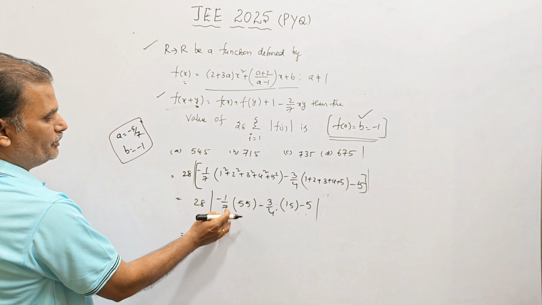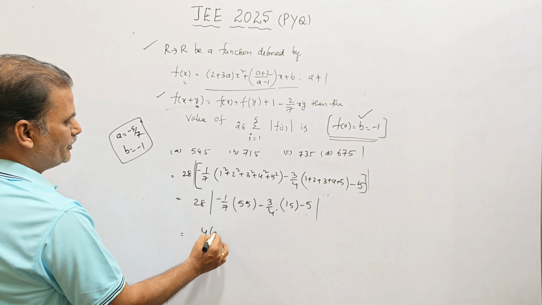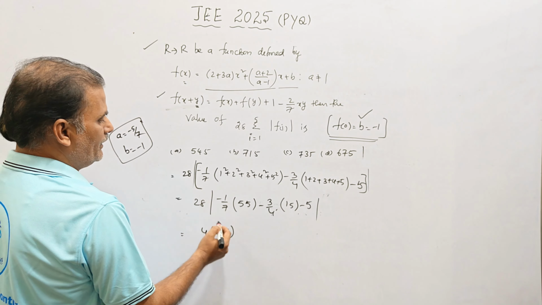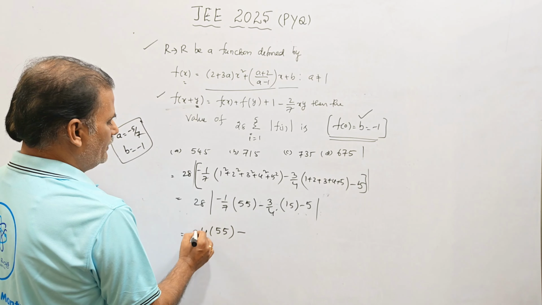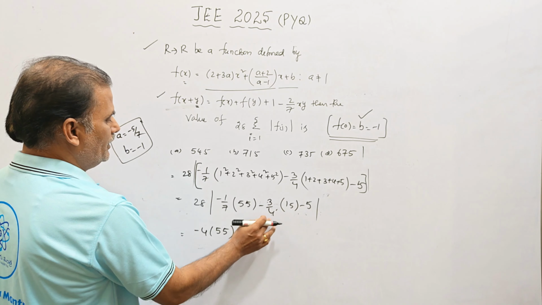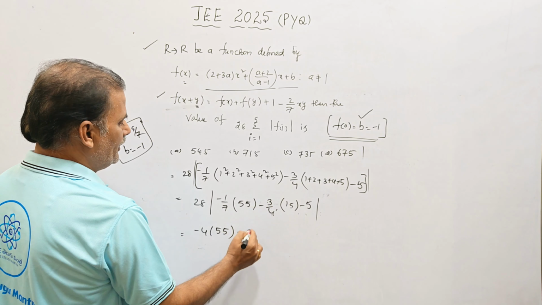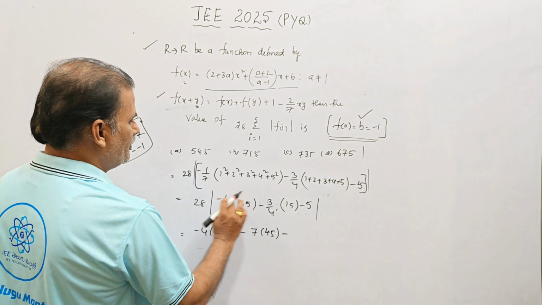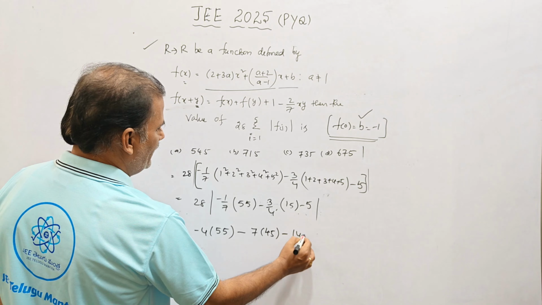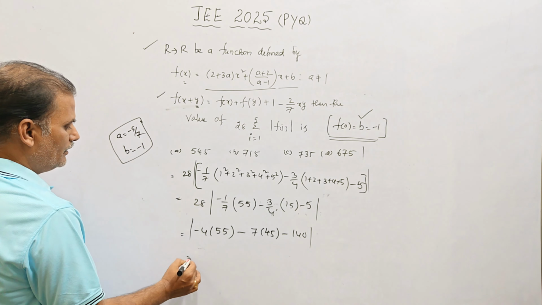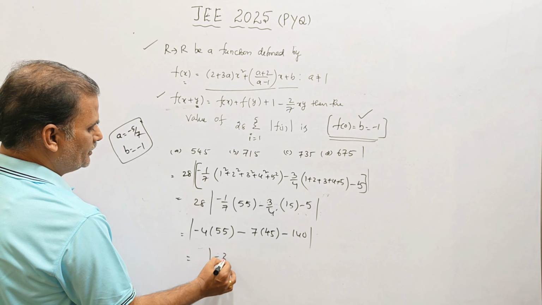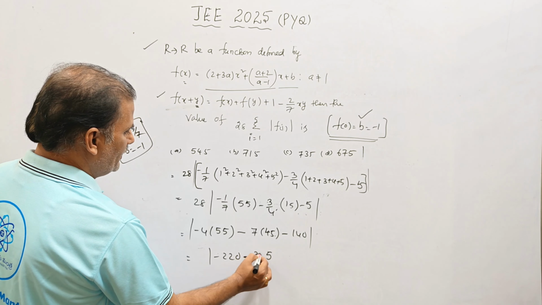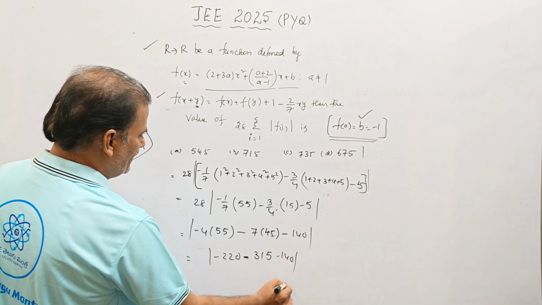Here 28 into something: 7 into 4, 4 into 55, next 4 into 7, 7 into 15. Here 4 sevens, 15 threes are 45, 7 into 45, minus 28 into 5, 140. Now here minus 220, 7 5s are 35, 315, minus 140.